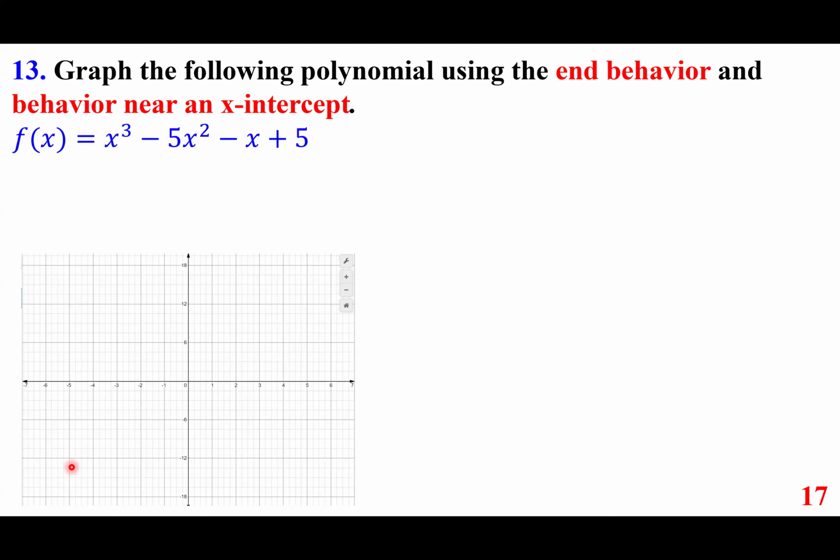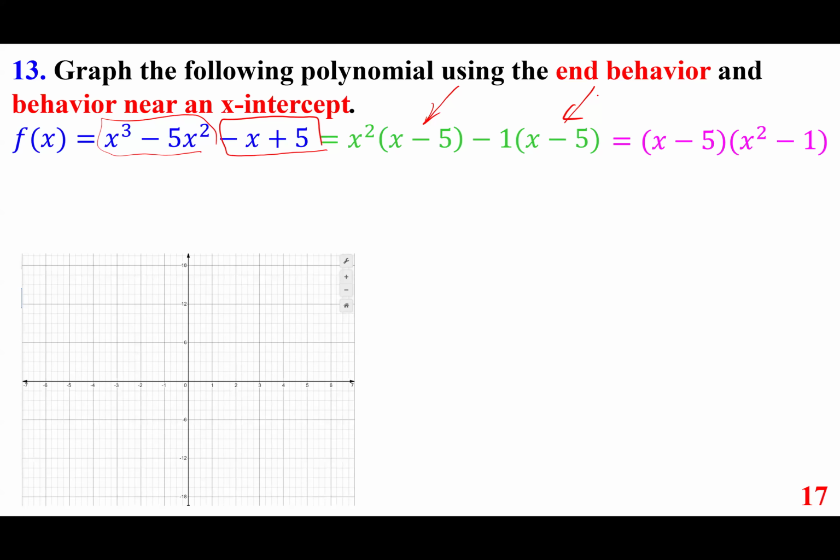If we put these two together, we can take out x squared, and it becomes x squared times x minus 5. And the last two, just take out negative 1. And now they have a common factor of x minus 5. If you take it out, you get x squared minus 1. And as you know, x squared minus 1 is x plus 1 times x minus 1. So it's completely factored out.